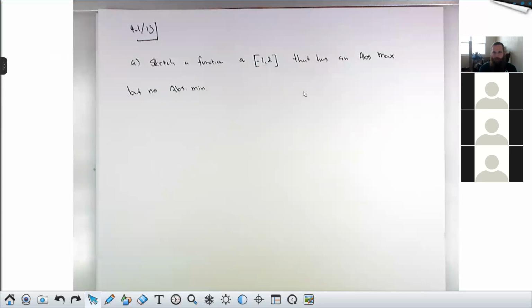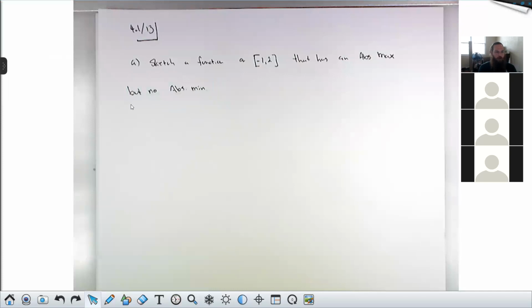It has to be an absolute minimum. Yeah, right. We said a continuous function on a closed bounded interval has to have an absolute max and an absolute min. So if this is not going to have an absolute min, what must be true? The function is probably not continuous. Very good. Yeah, Jonathan and Julio both giving really good answers there.